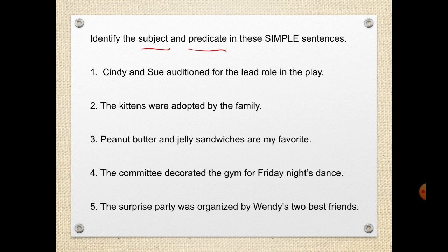And most of the time, when there's a verb, there is a subject. Since Cindy and Sue are at the beginning, this is basically the subject. Whatever is after the subject is basically the predicate. Or I usually focus on the verb, so the verb would be this one, audition.